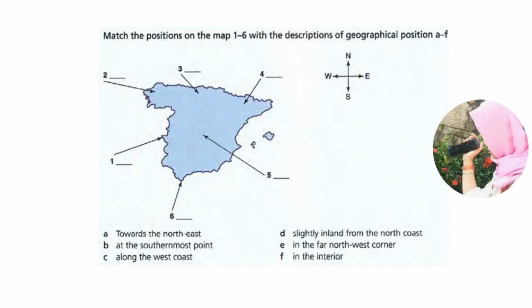Okay, so this is an example of a topic about labeling a map or plan. You have to match the positions on the map, 1 to 6, with the descriptions of geographical positions A to F. This kind of test will always appear in IELTS tests related to local languages.